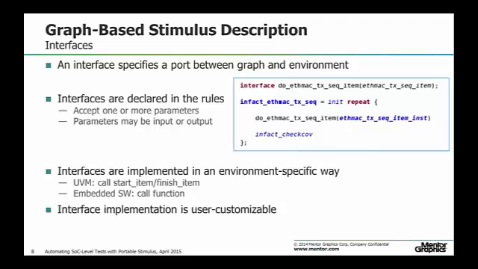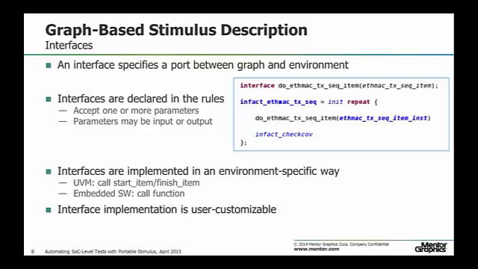Another very interesting construct is called an interface, and I believe this to some extent addresses the question from Bernard at ST earlier today. An interface is really a way to abstract out the connection between the stimulus description and the verification environment.